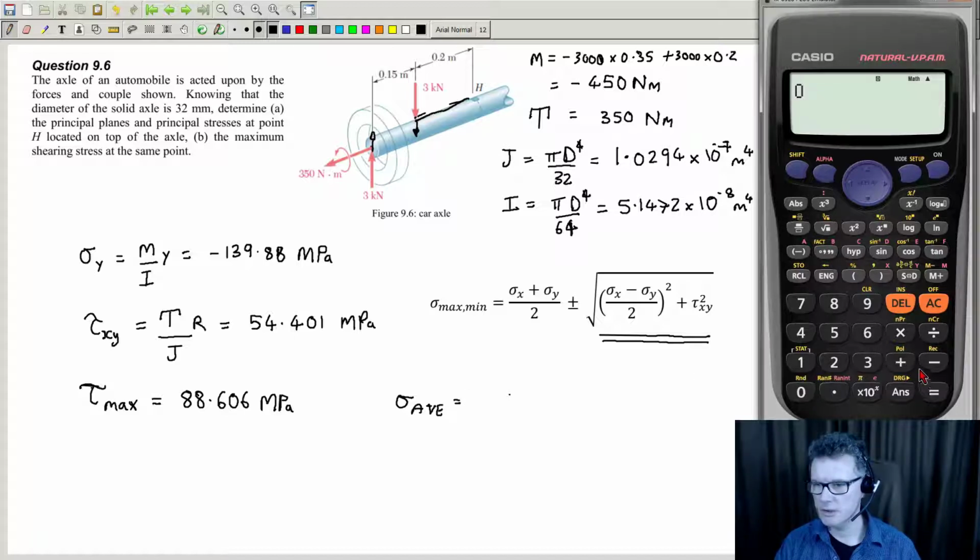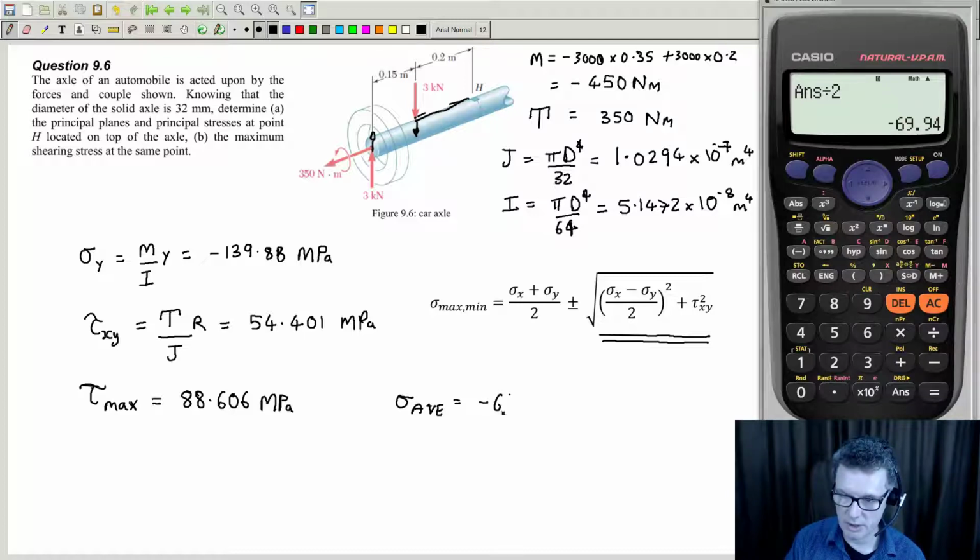So that will be 0, take away 139.88, divided by 2, and that equals minus 69.94 megapascals.